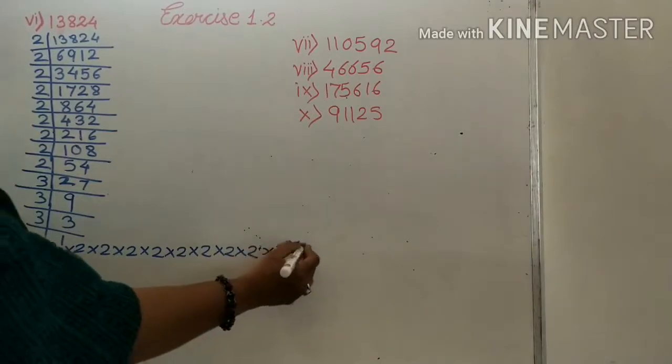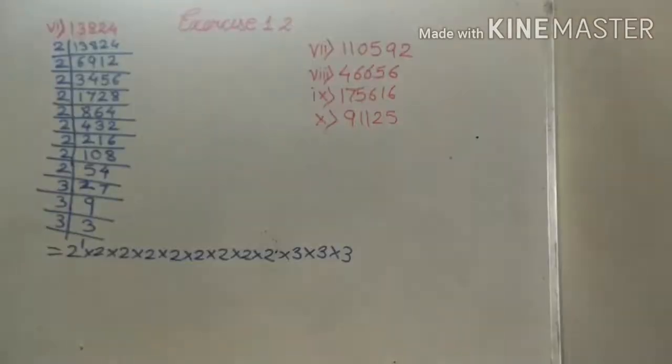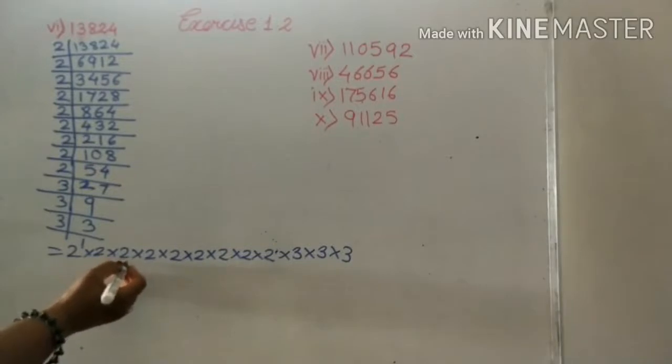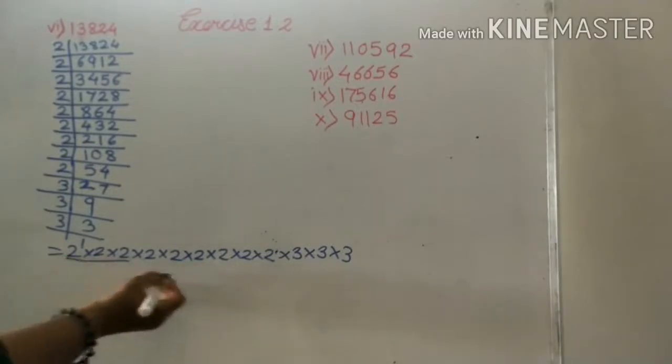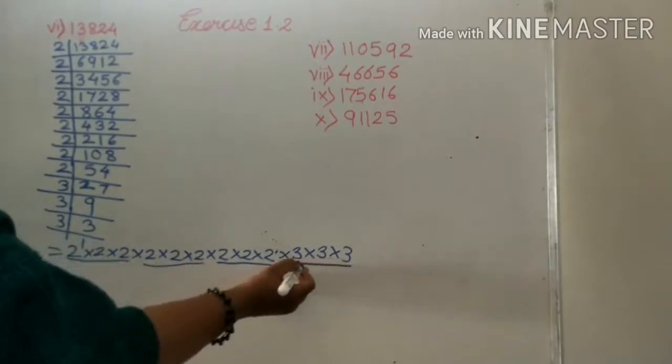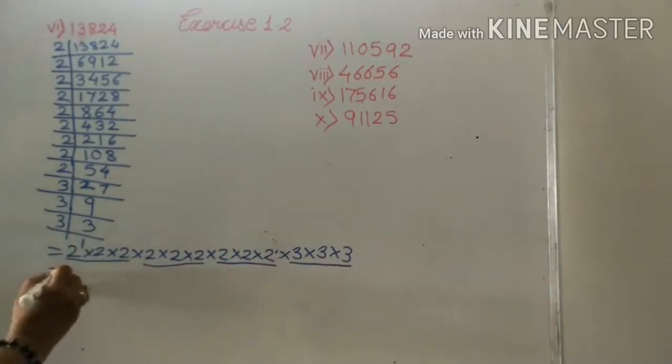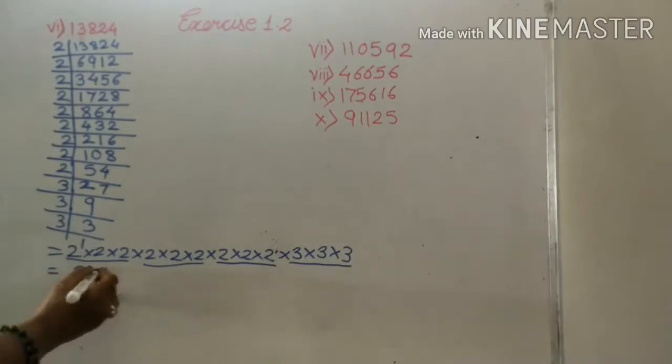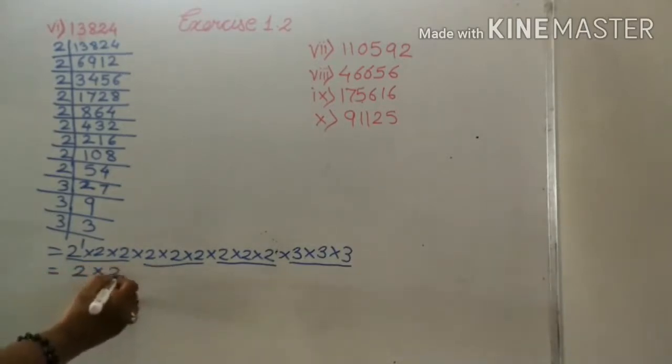Now form groups of 3 equal numbers. This is one group, second group, third group and fourth group. From each group we have to take one digit. From the first group 2 comes here. From the second group also 2 comes here.